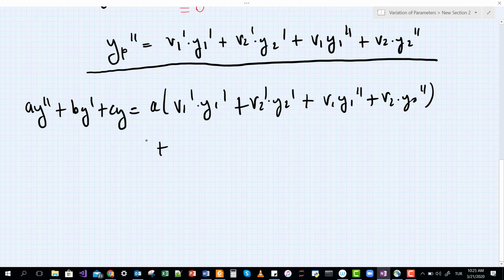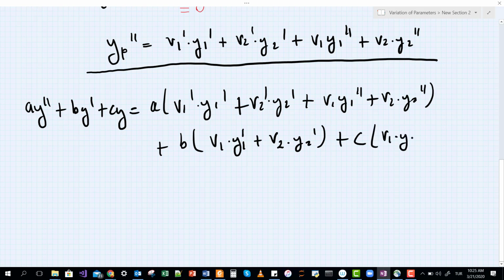And the y prime terms I need to multiply by b: V1 times y1 prime plus V2 times y2 prime. And then I also have the y term there, which I need to multiply by c, so it's going to be V1 times y1 plus V2 times y2.